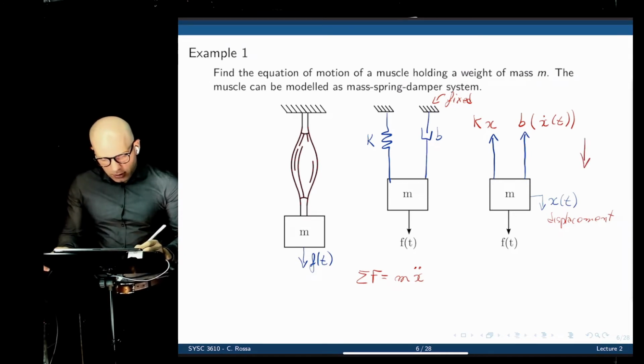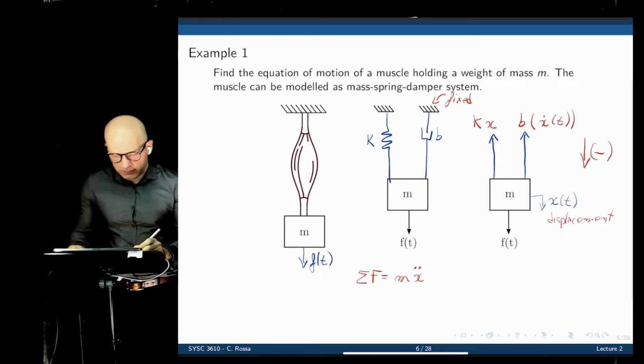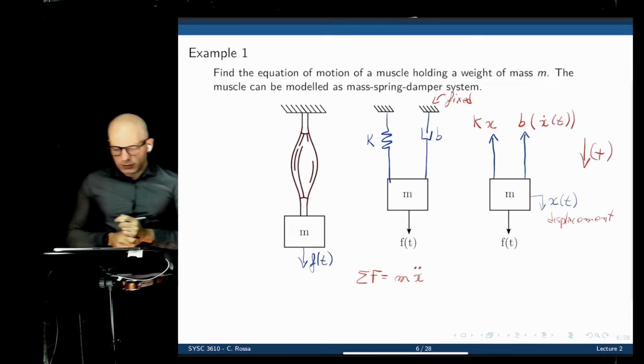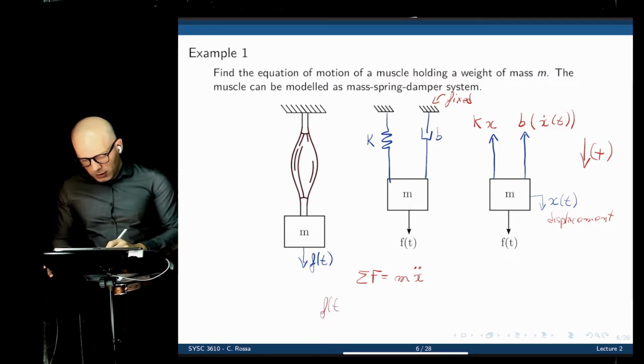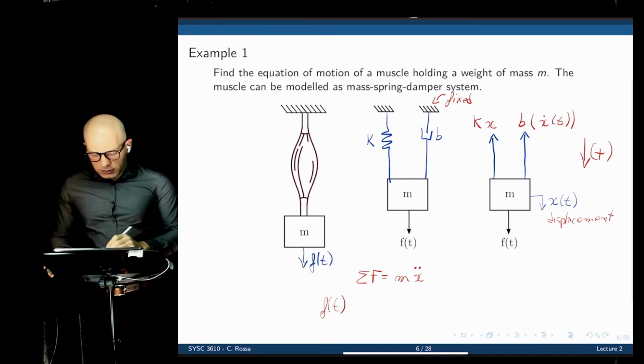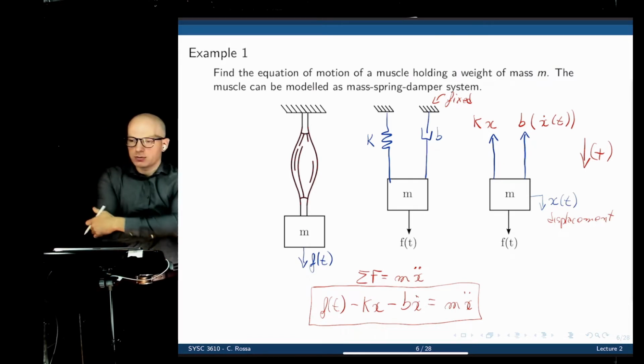Everything pointing downwards is positive. So what do we have? Sum of all forces, if it points down, that's positive. F of t minus Kx minus B x dot equals M x double dot. And this is the equation of motion for the mass spring damper system.